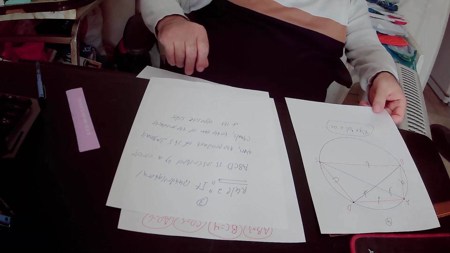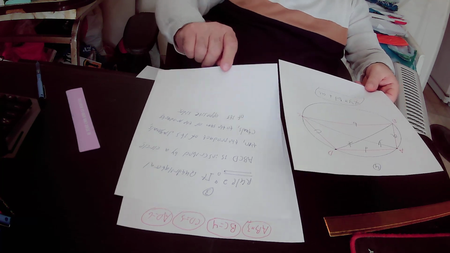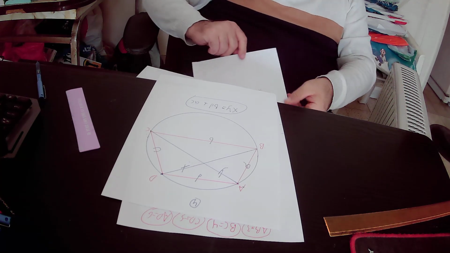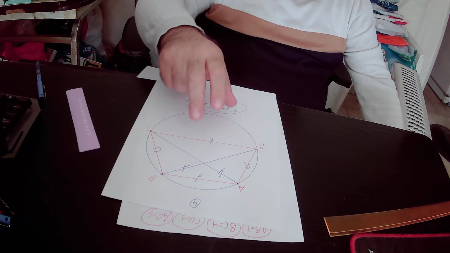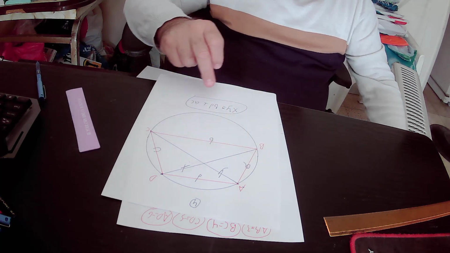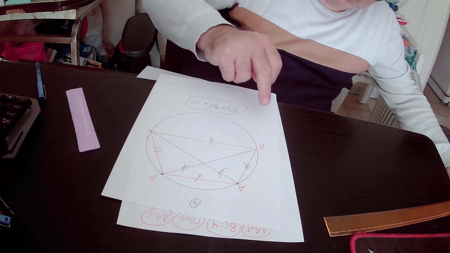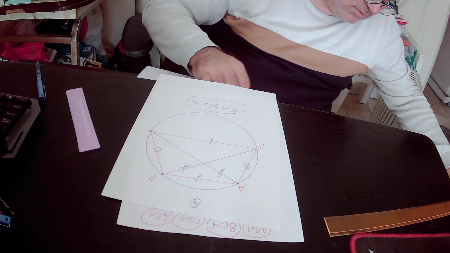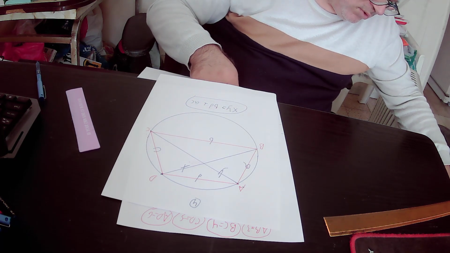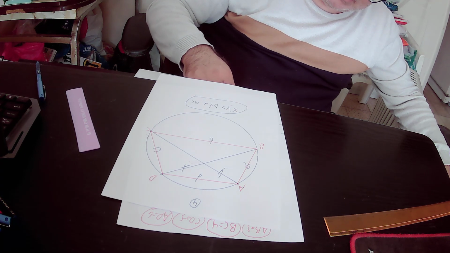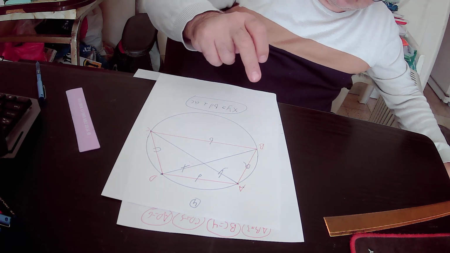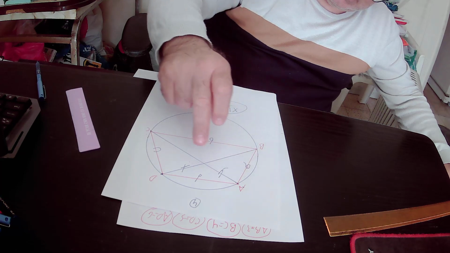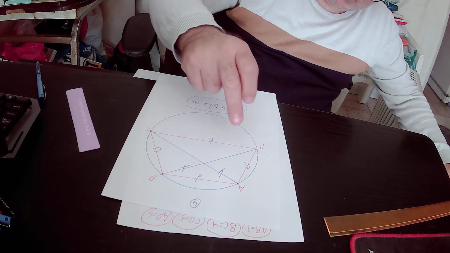So if we have this quadrilateral ABCD inscribed by this blue circle, therefore the product of its diagonals, quadrilateral ABCD has 2 diagonals.